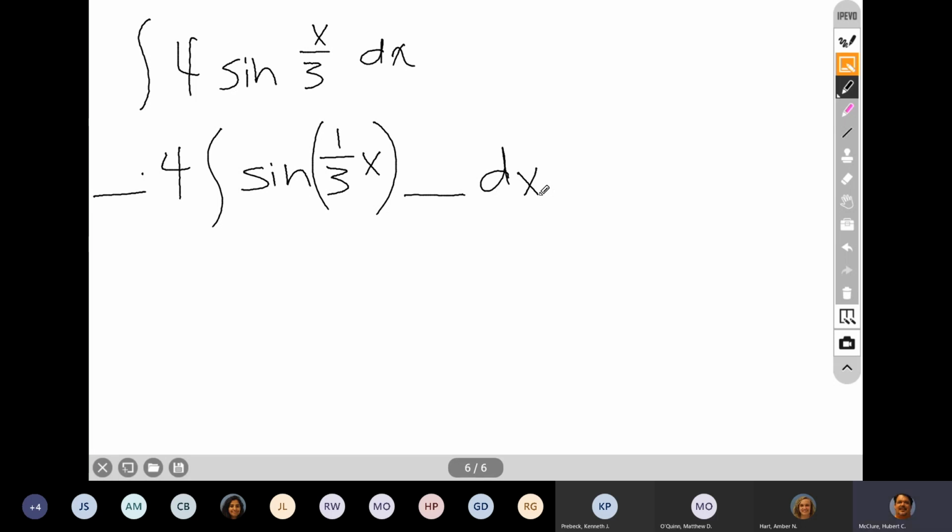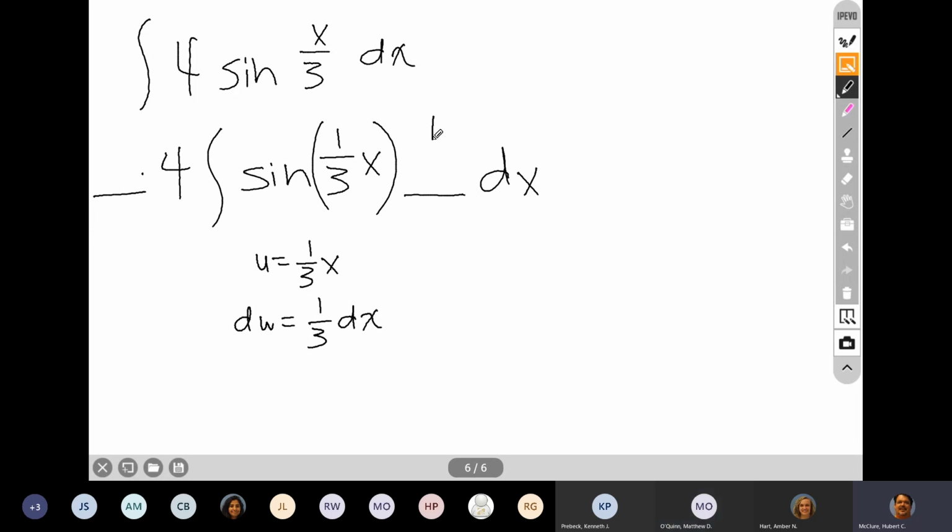If I gave 10 students this problem, 5 or 6 of y'all would stare at that x over 3 and not know what to do with it until 5 or 10 minutes later, probably figure it out. All you got to do is write it as 1/3 x, and now you know what the derivative is. So u is equal to 1/3 x. Therefore, du is equal to what? 1/3 dx.